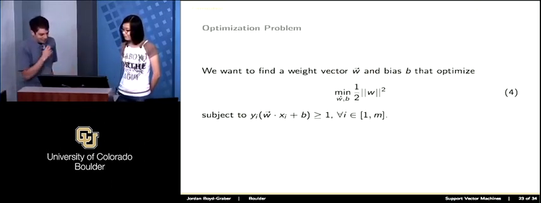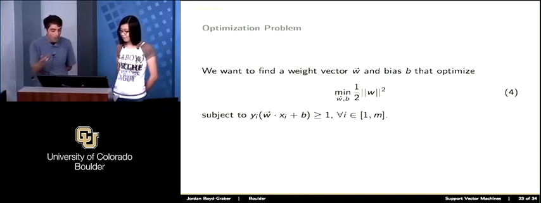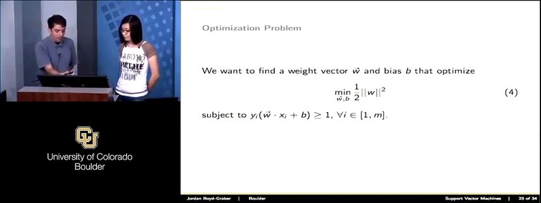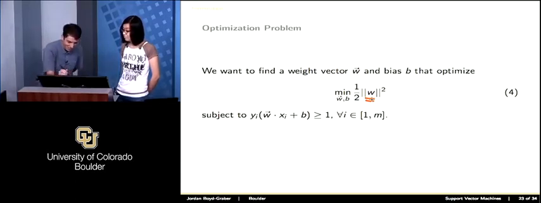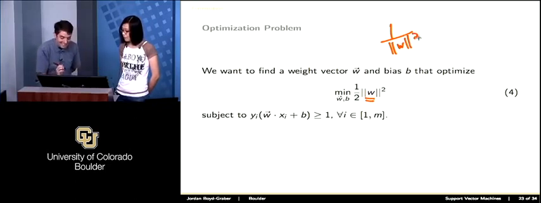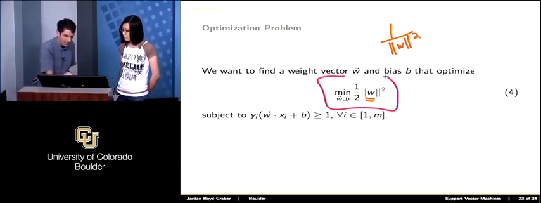Okay, so now that we formulated it this way, the problem of solving support vector machines is to find some vector w that maximizes our margin, or equivalently minimizes this quantity.